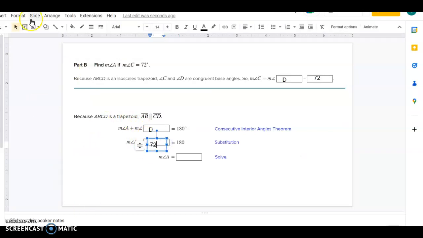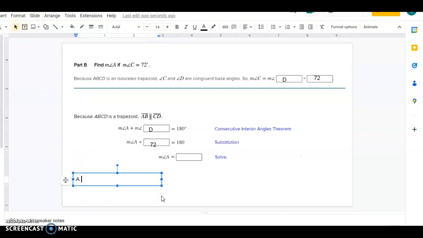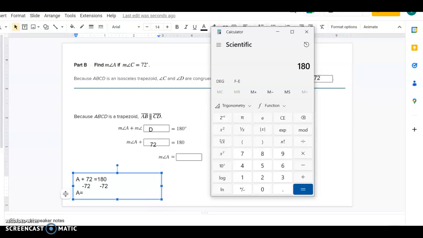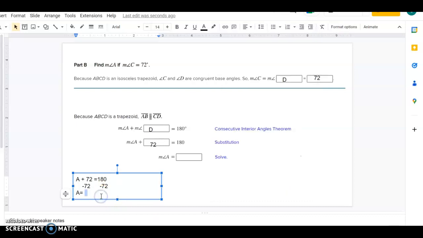And now I can solve for my problem. I'm going to set up A plus 72 equals 180. So I will subtract 72 from both sides. So A equals 180 minus 72, which is 108. So the measure of A is 108.